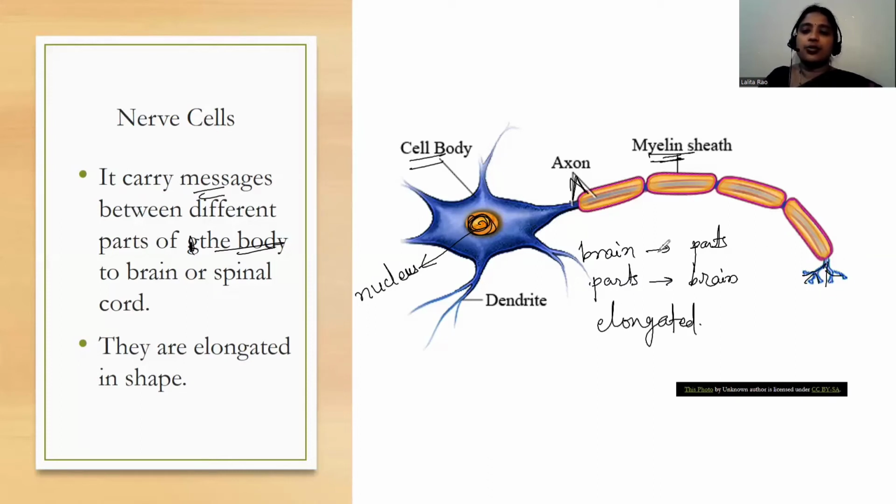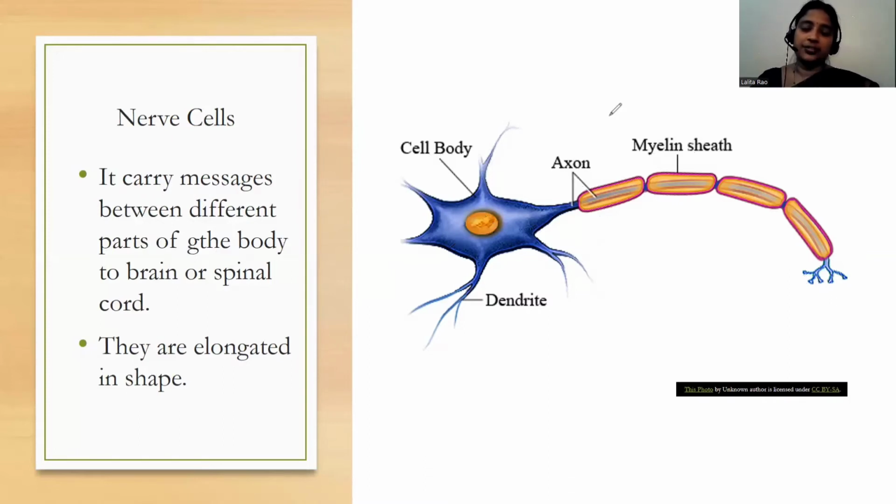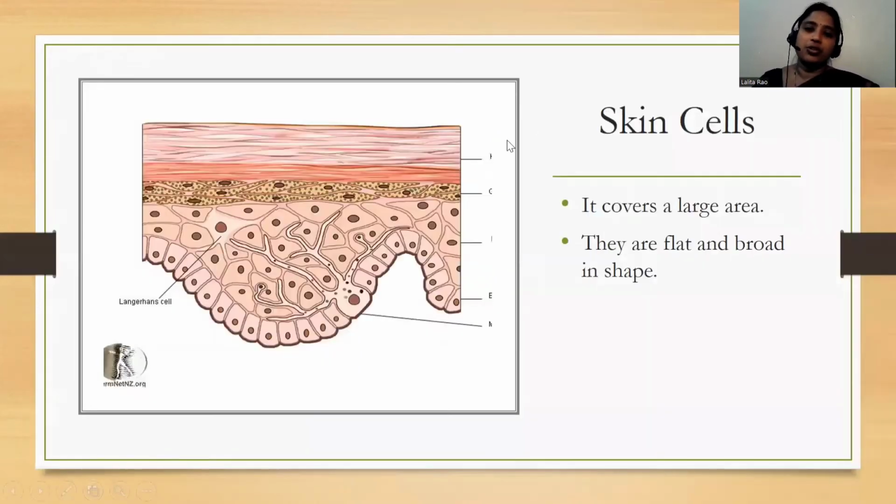These branches are used for connections, and these branches are known as dendrites. So this is the function of the nerve cell. The nerve cell is elongated in shape because its function is to carry messages from the brain to the different parts and from different parts to the brain.